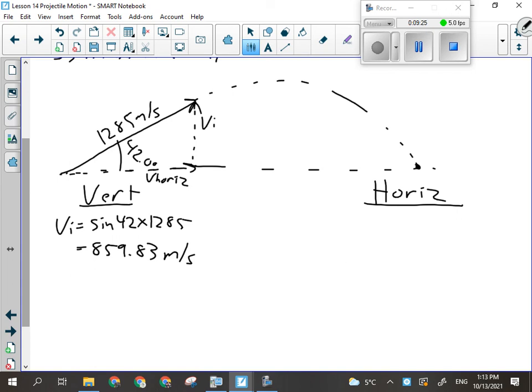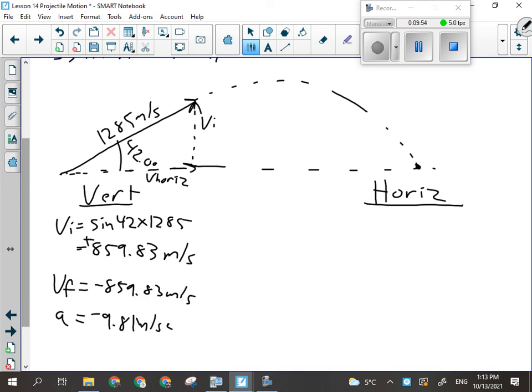All right, so this is my initial vertical velocity, which is up. If this object travels along this arc and hits the ground at the same height it was fired from, what's Vf? Negative 859.83 meters per second. All right, and I also know the acceleration, it's negative 9.81 meters per second squared.